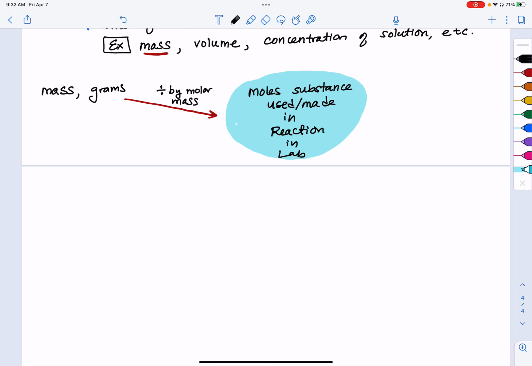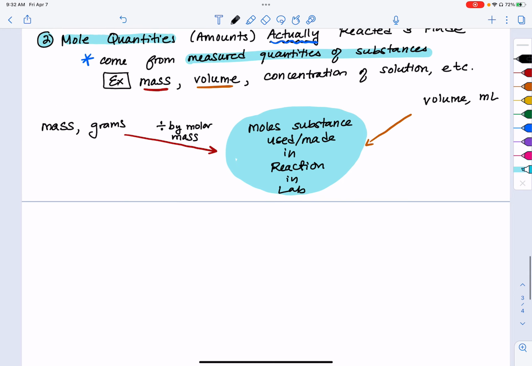Okay, what about volume? So I'm going to say, how about a volume in milliliters? It's the volume unit we're most familiar with using in a lab situation.